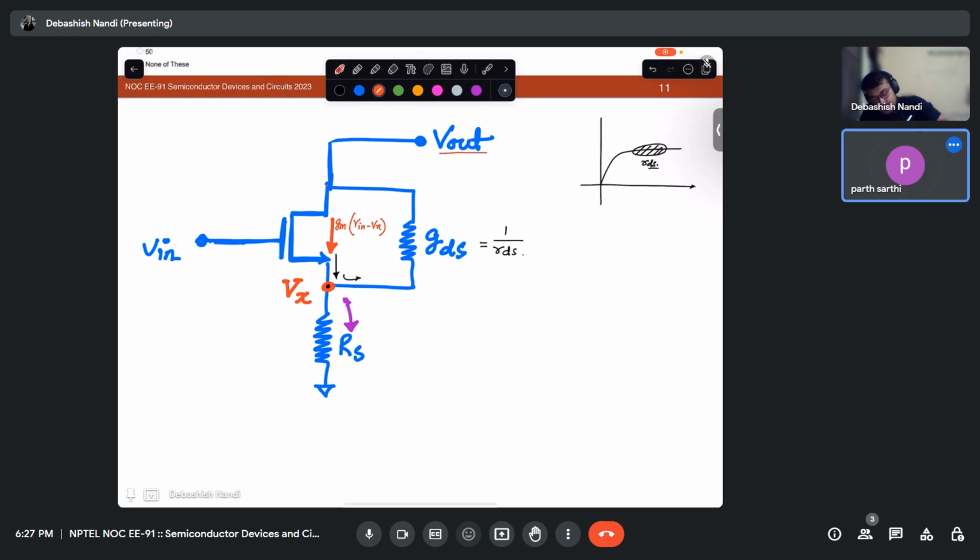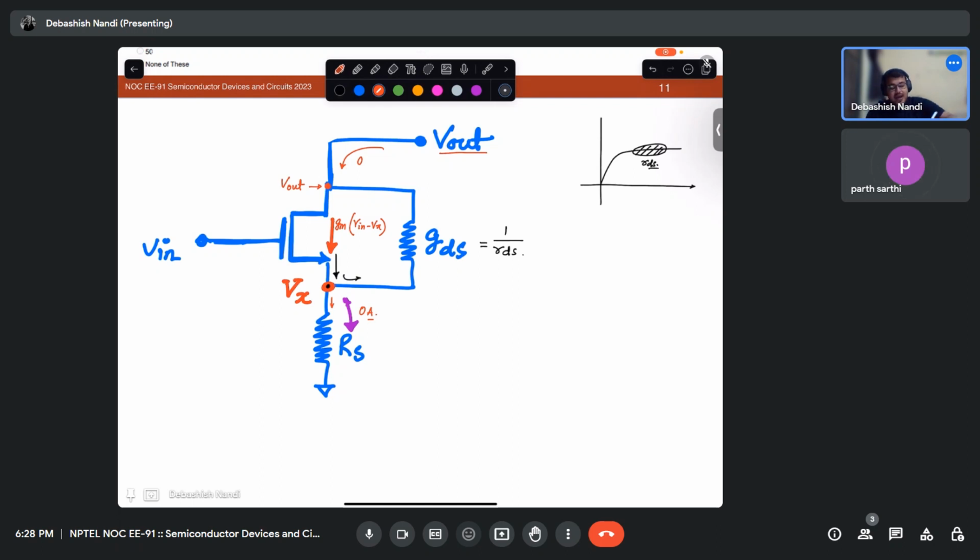What is the voltage at this node? This is also V out, right? So what is the current here? Same potential, no current. Zero current. So what will be the current coming out of this node? Zero current will come out, right?